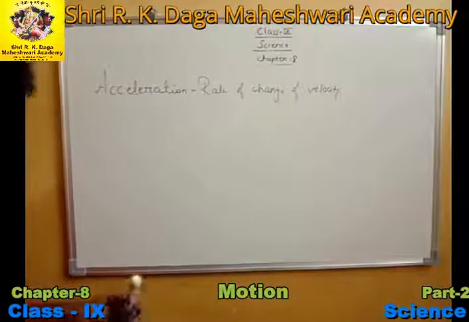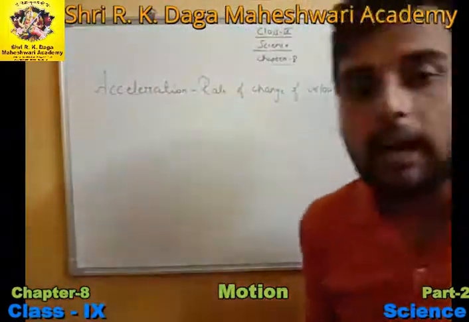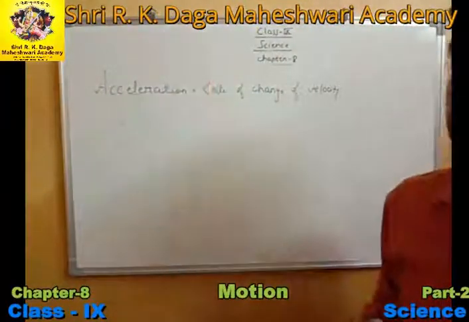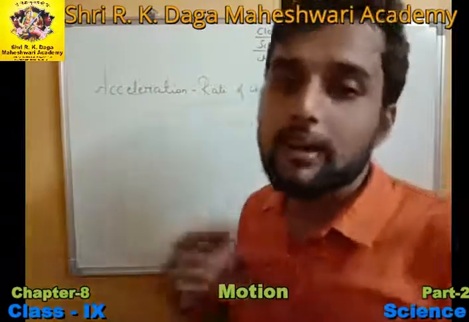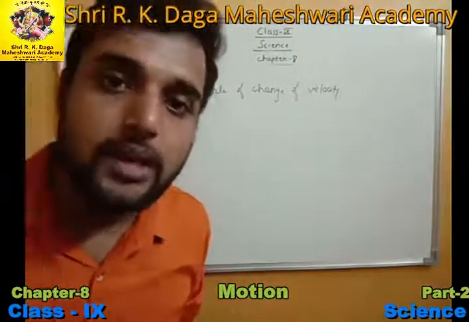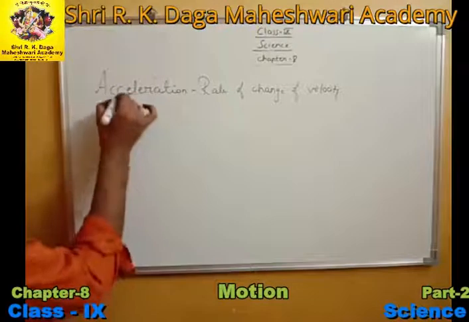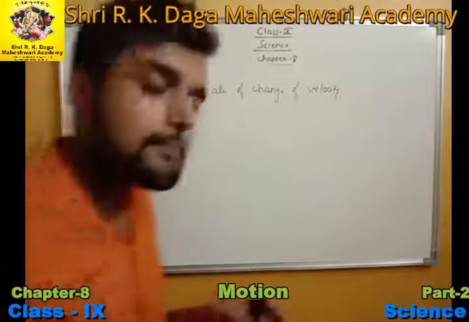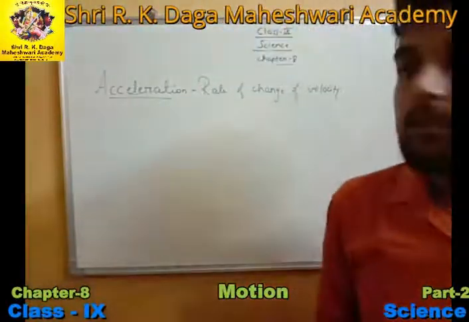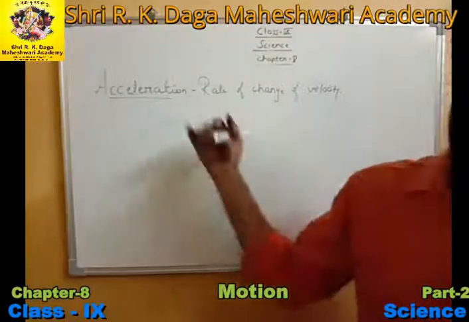What would happen if we press that accelerator? The speed of our car gets increased, right? So this is the basic principle of acceleration: whenever the velocity of an object changes with respect to time, this is called acceleration. For example, when we press the accelerator of the car, the velocity of our car increases, and this phenomenon is called acceleration.